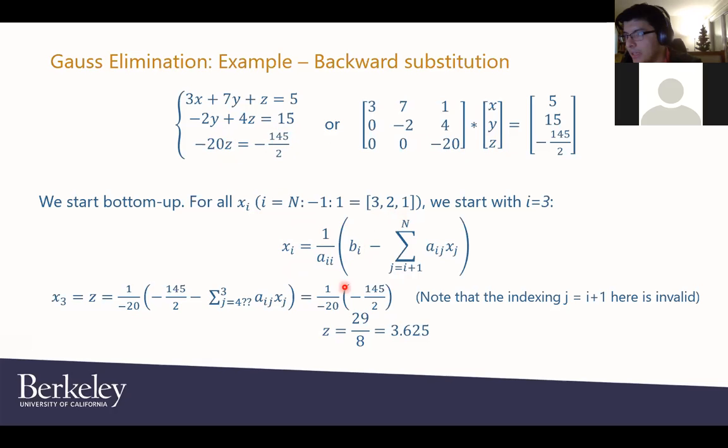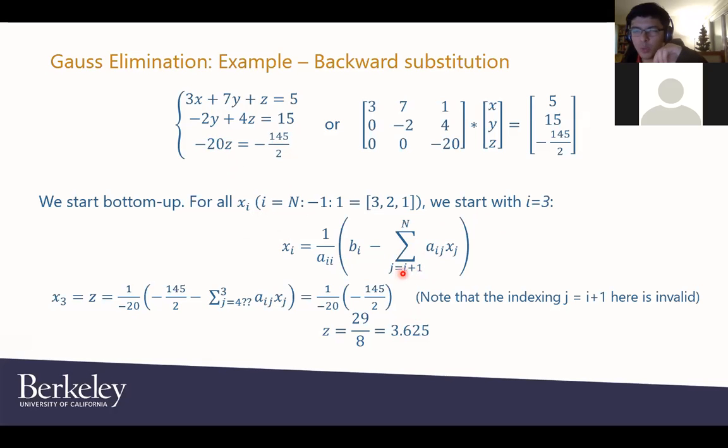minus the summation of j equals i plus 1 through n. So in this case, actually, this is the general expression, but if you look, since we are in the last row, j equals i plus 1 doesn't really make sense.